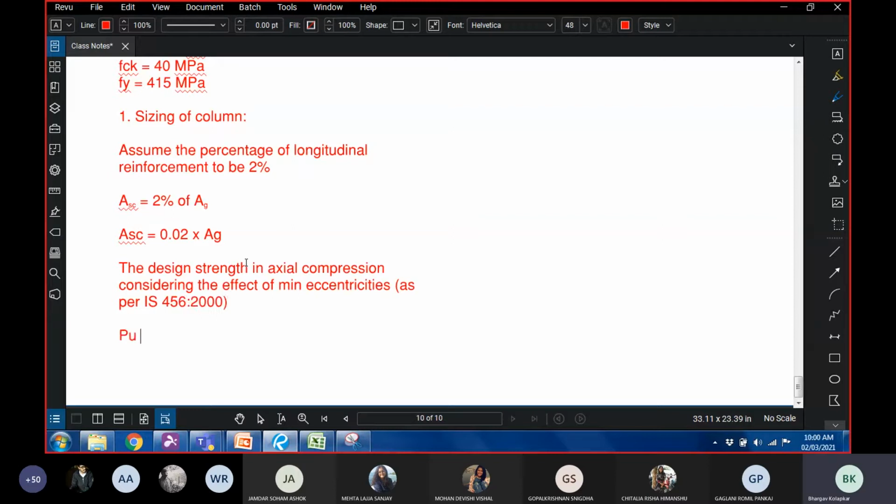So we know that Pu is equal to 0.4 times fck times the gross area, plus 0.67 times fy, the stress in steel, minus 0.4 fck, times the area of steel in compression.